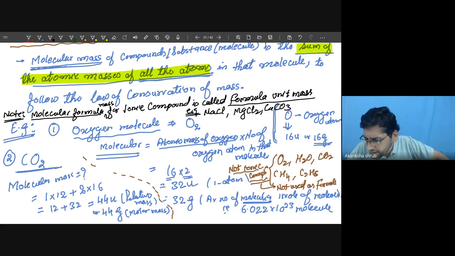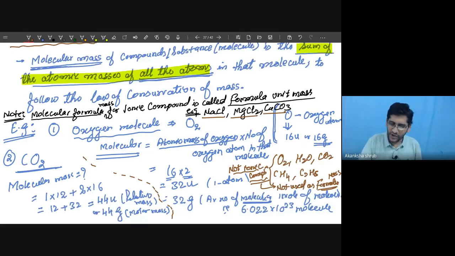The term formula mass is used for ionic compounds only, like NaCl, MgCl2, CaCO3, AlCl3 also, where positive and negative ions are present. For their mass we use the term formula unit mass.